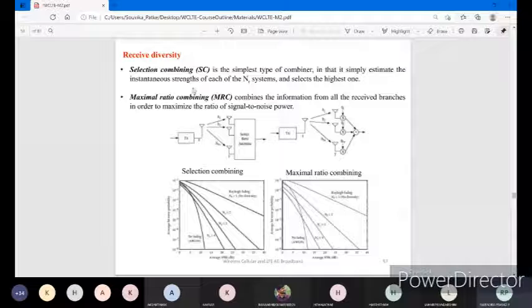So selection combining is the one which is selectively chosen for the transmitter. I was giving an example that we have multiple types of data transmission. We have image, text, numerical value, video, and audio. These require different types of systems to process them. If it is an image, I cannot open it in MS Word, right? I need to open that image in Paint, or in the format which is supported.